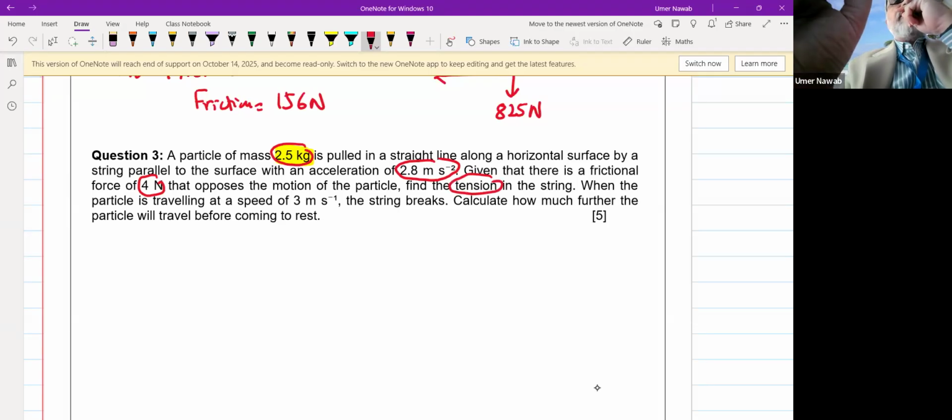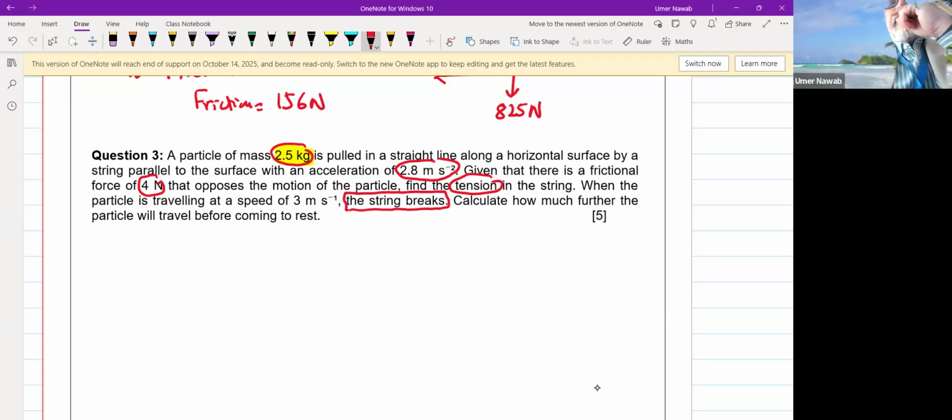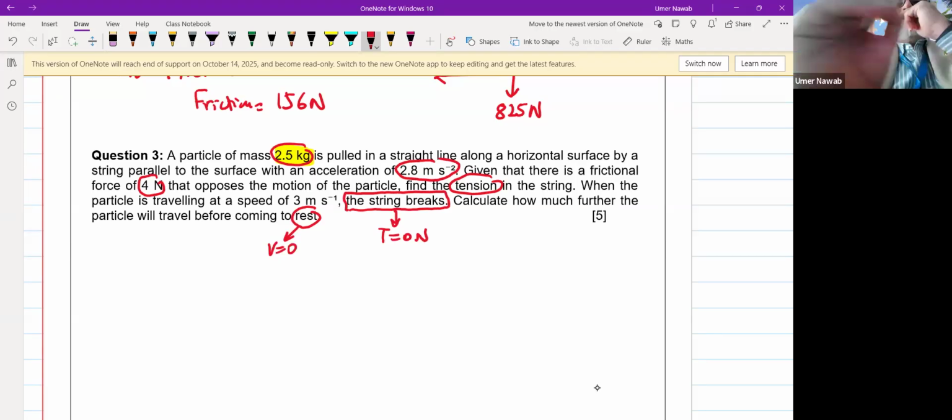When the particle is traveling at a speed of 3 meters per second, the string breaks. You remember, guys, when the string breaks, at that time the tension should be put equal to 0 newtons. But that is the second phase of the motion. Calculate how much further the particle will travel before coming to rest. So it means that the final velocity will become equal to 0. So this question has two phases.